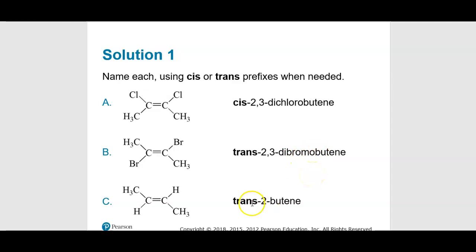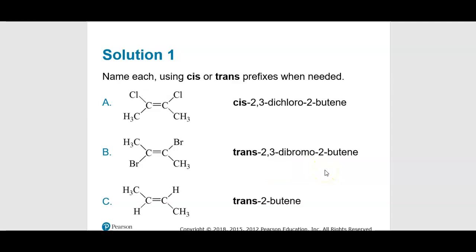And you have trans-2-butene, well, then you should have trans-2,3-dibromo-2-butene and cis-2,3-dichloro-2-butene. So I'm going to take it upon myself to correct these here, because there is such a thing as a 1-butene.